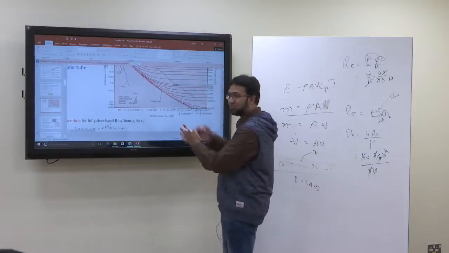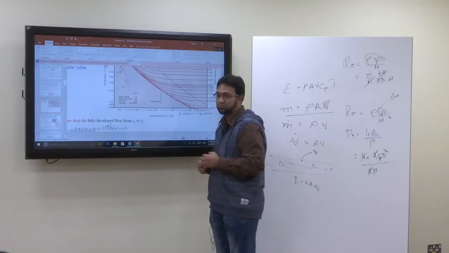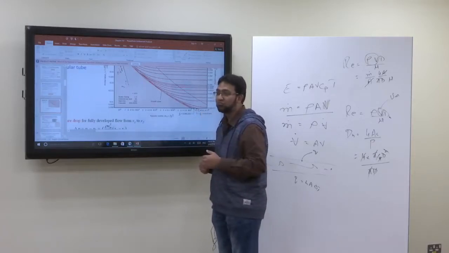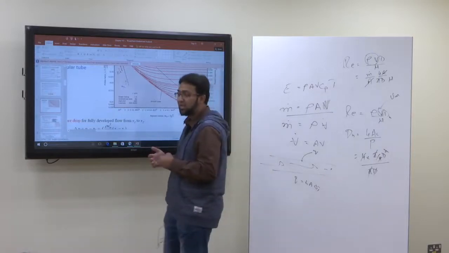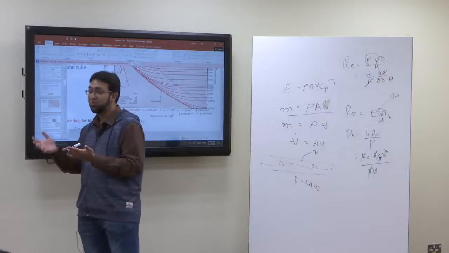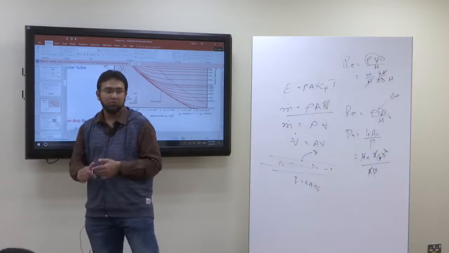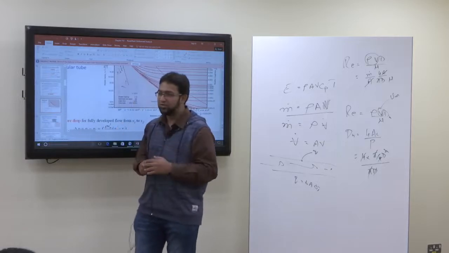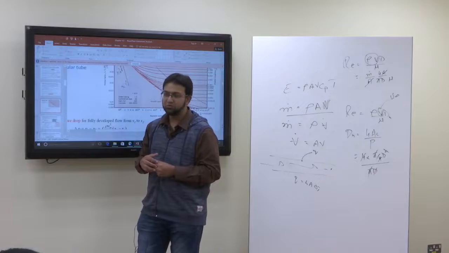That's the Moody chart. What is the objective? Objective is to find the friction factor. Why is it important for those who study hydrodynamics? Because, as I told you, pressure difference or pressure drop in pipes is very important. When you go to the market to buy a heat exchanger, what are the two things you will ask?